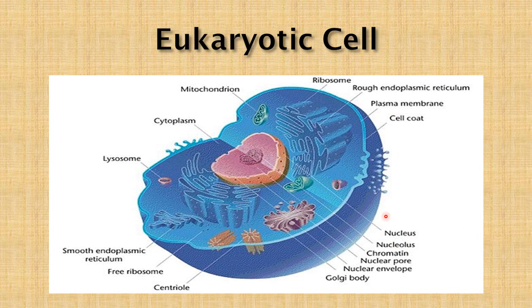Nucleus. The nucleus stores the cell's genetic information as DNA in the form of chromosomes. It is bound by a double membrane, but pores in this membrane allow molecules to move in and out of the nucleus. The nucleolus within the nucleus is the site of ribosomal ribonucleic acid synthesis.